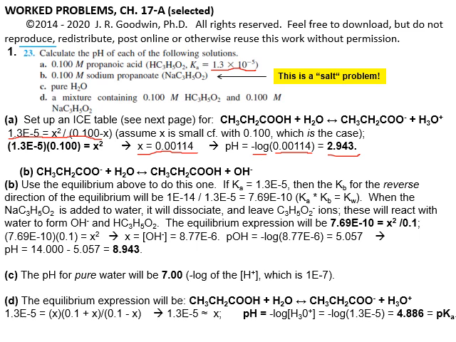For part B, again, we're going to wind up with x squared over 0.1, but this time we want to use Kb. I do want to slow down for just a second here and point out that when you're doing part B, I've got it listed over here as a salt problem. Whenever you have a salt problem, you don't really care about the cation, you care about the anion, which in this case is C3H5O2 minus.